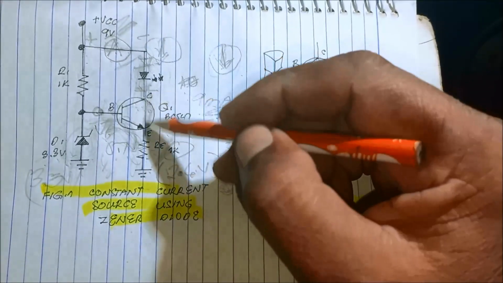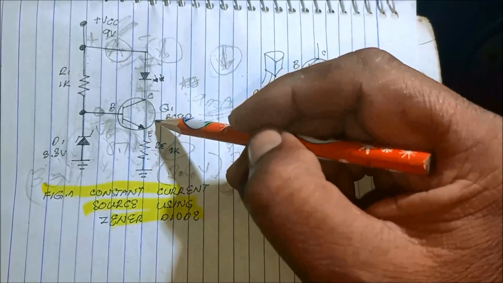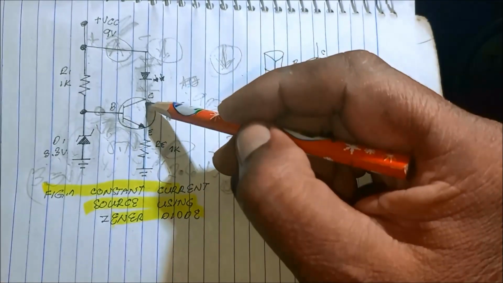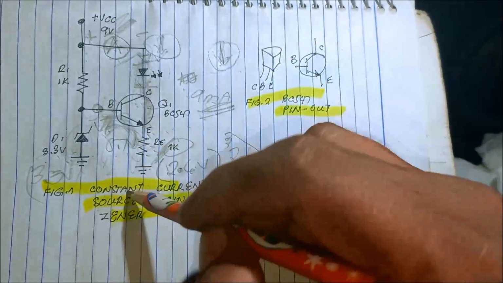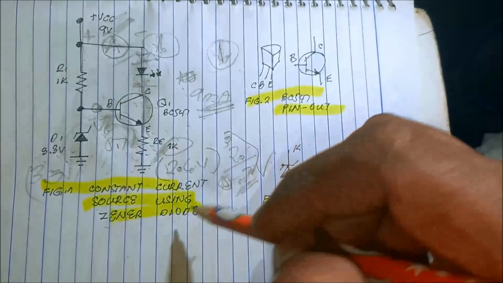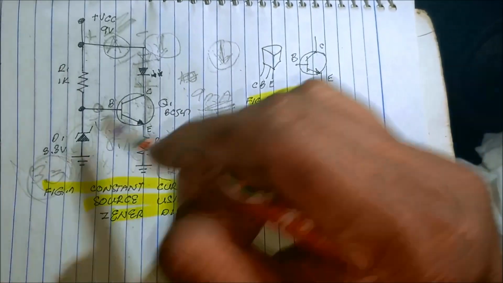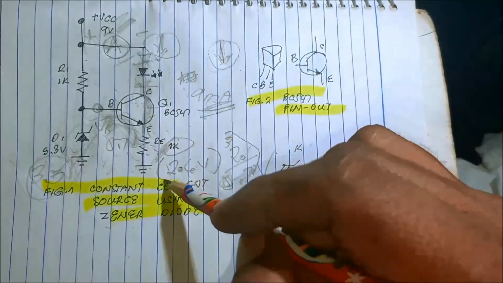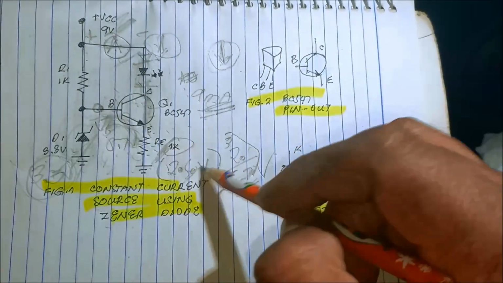So this collector to emitter is the one that varies the voltage across collector to emitter, making this a constant current source using a Zener diode, because the voltage across the base is constant, the voltage across the emitter is constant.